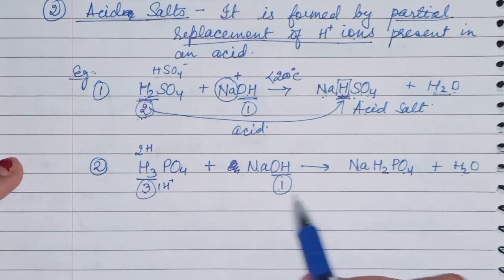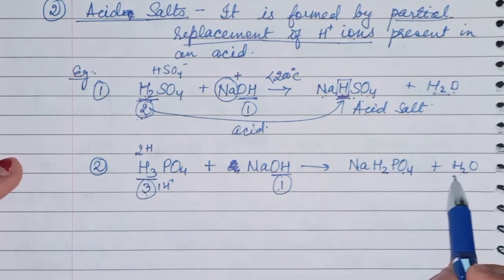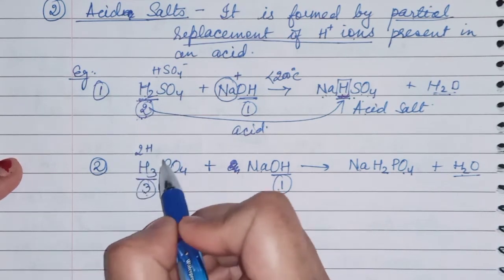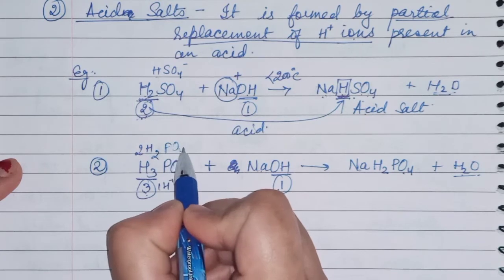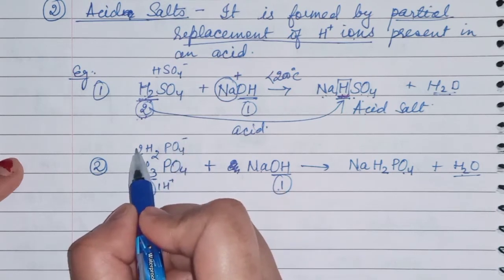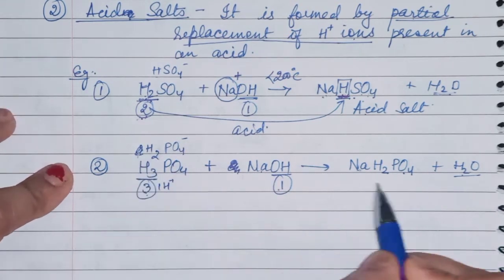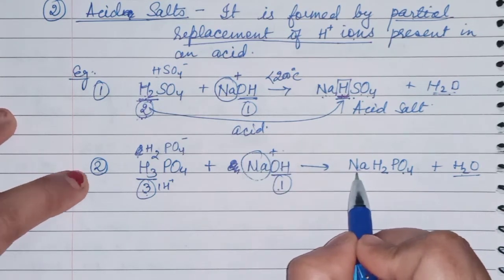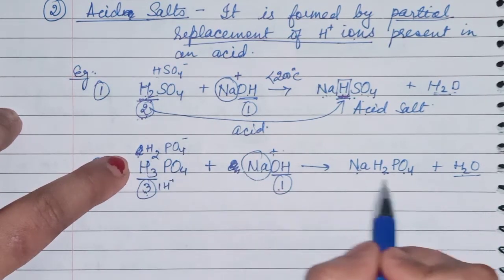Now see, 1 is removed, that is forming water over here. How many hydrogens are left? H2PO4. Okay, H2PO4 is left there only. So here H2PO4 is minus. So it is forming a salt with Na plus. So NaH2PO4.